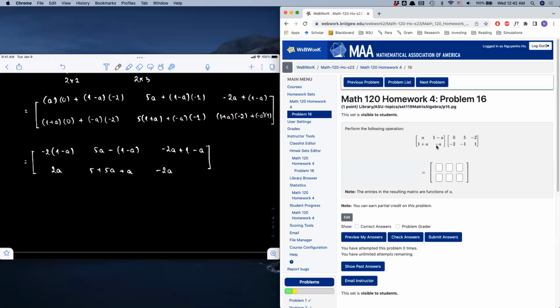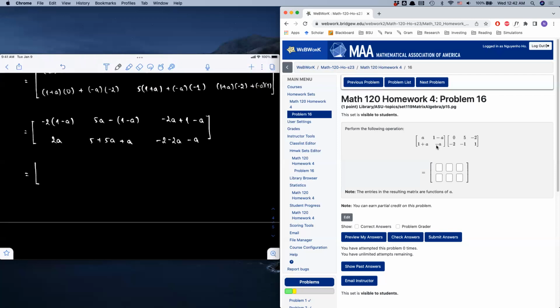I get negative 2 minus 2A minus A. And the final answer should be negative 2 times 1 minus A, 5A minus 1 plus A. This is negative 3A plus 1. This is 2A. This is 5 plus 6A. And this is negative 3A minus 2.